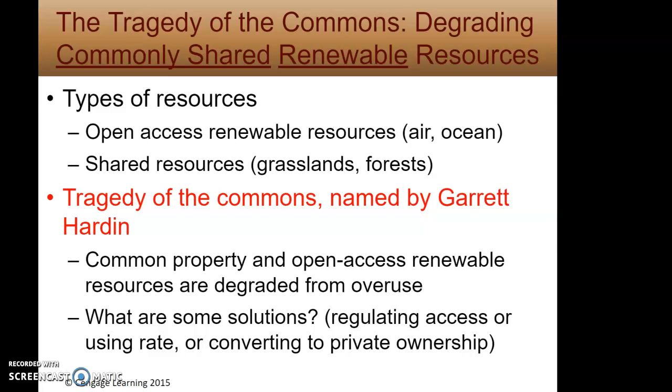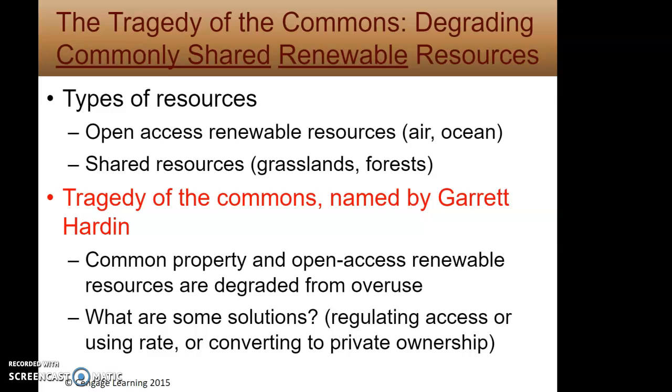One new concept we are going to develop more in other chapters is called the tragedy of the commons. This means degrading commonly shared renewable resources. So think about our resources. Some of them have open access, such as air.